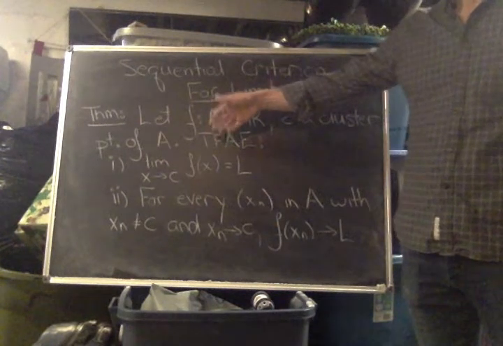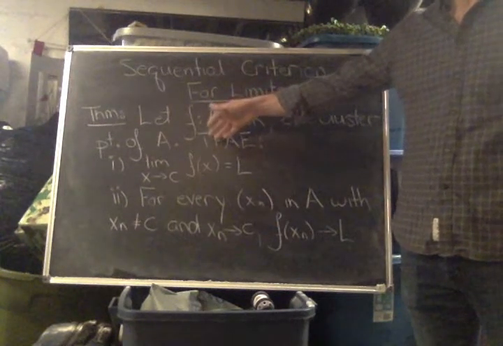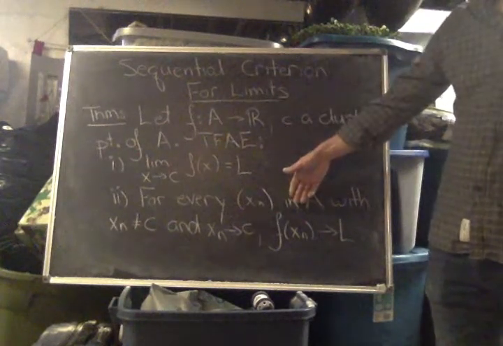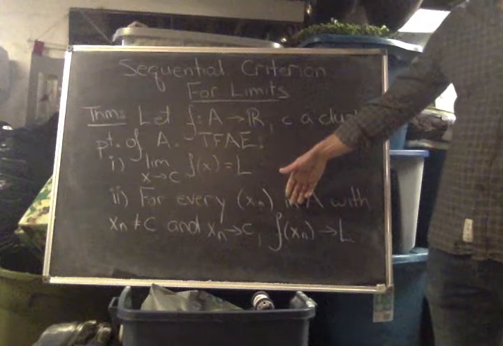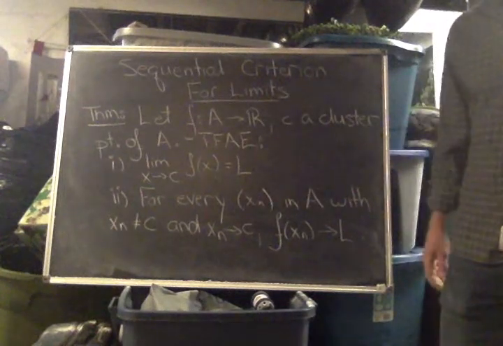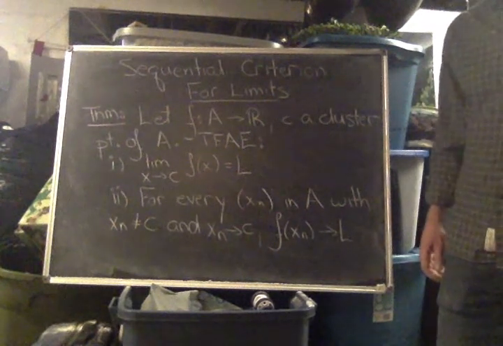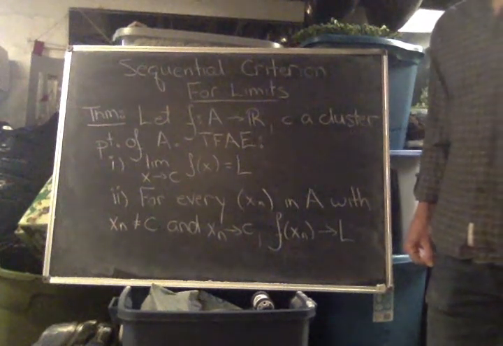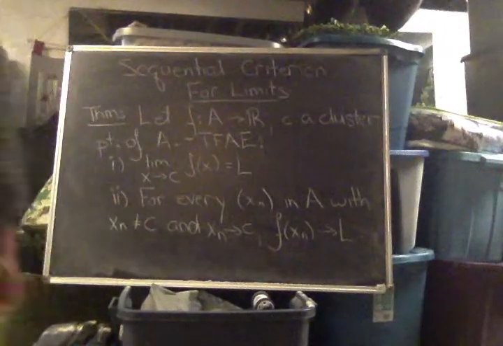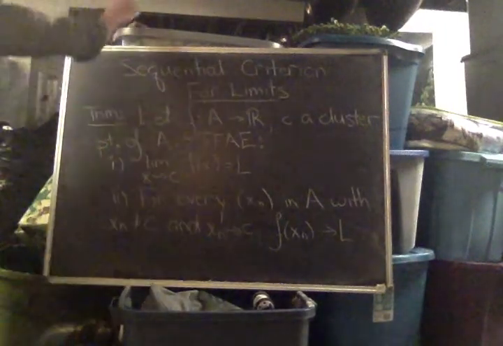This function, for sequences converging to c, will carry those convergent sequences to new sequences, f of xn, and those new sequences, f of xn, will in turn converge to L. Okay? All right. So, let's go about proving this.